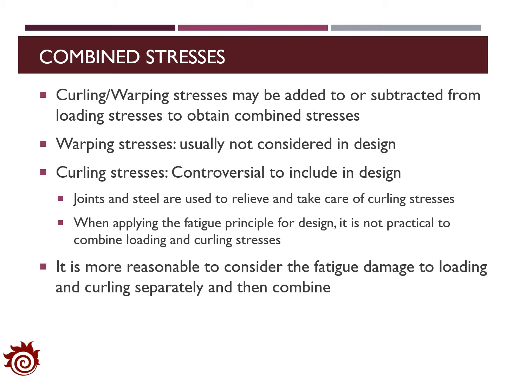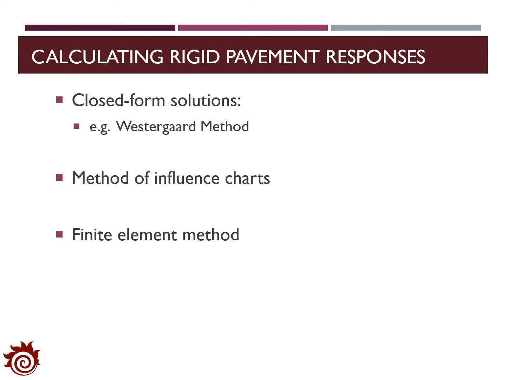However, when we apply the fatigue principle for the design, it's not practical to combine loading and curling stresses. So it's more important that we consider the fatigue damage due to loading and curling separately and then combine them together.